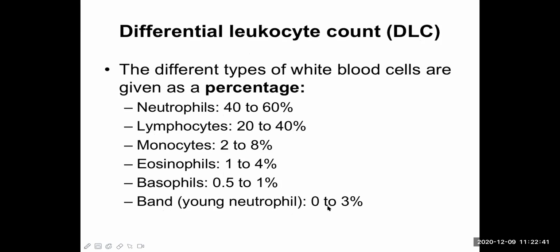They are a part of the neutrophil count in infectious situations. If there is acute bacterial infection, then band cells will be seen. So clearly neutrophil is 40 to 60.